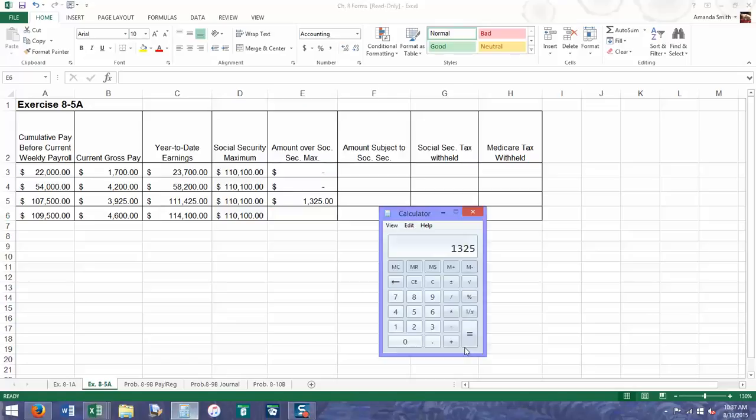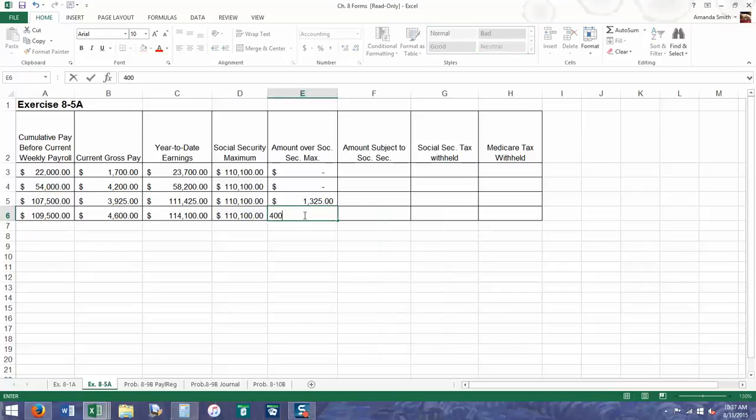And then we're going to do the same thing for this one. $114,100 minus $110,100 gives us $4,000.